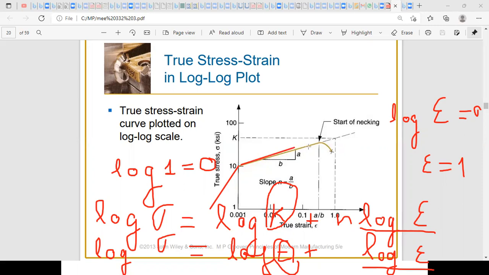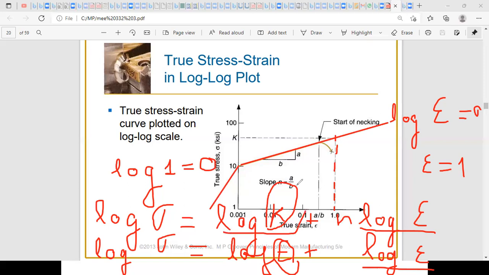Okay, to determine K, you look at the plastic region line. This is a plastic region line. You expand it and you say, I want to determine the intersection corresponding to epsilon equal 1, because for epsilon equal 1, if I replace in my equation, this will correspond to log epsilon 0. And then I can read on the logarithmic axis of sigma, I can read what?